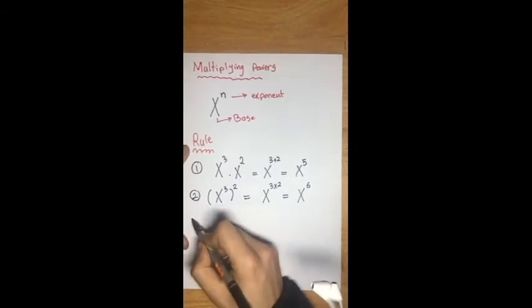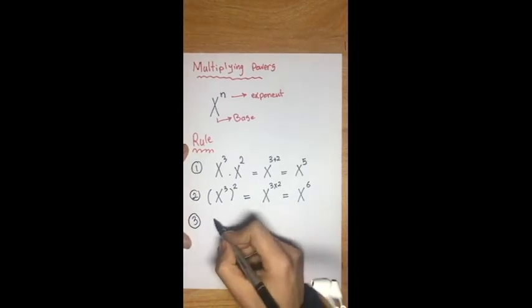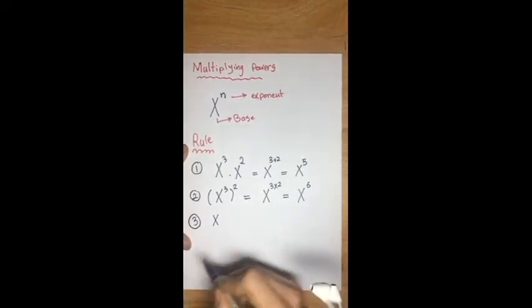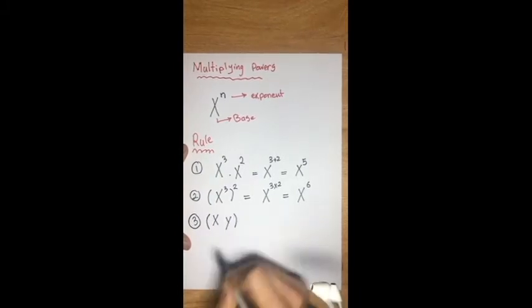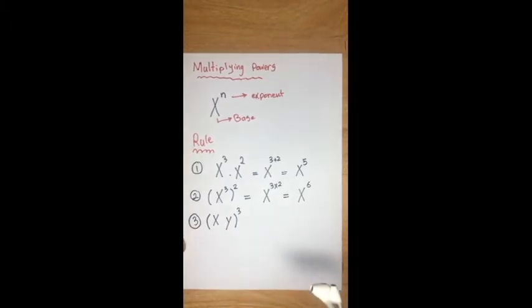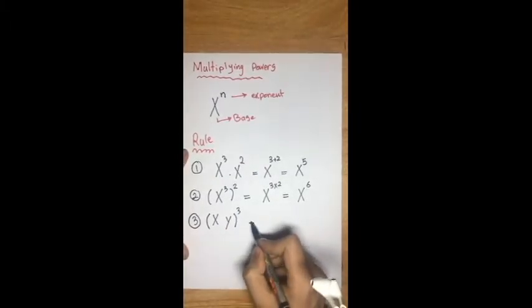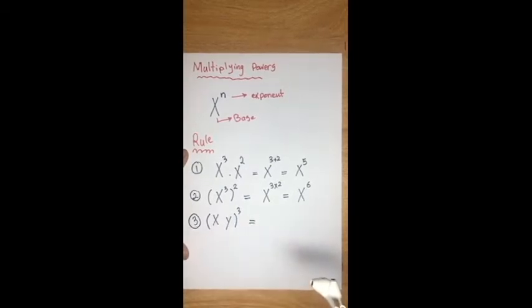The third rule is if we have two terms, x and y, and both of these are raised to the power of 3. To do this one, we have to share this power over these two terms.